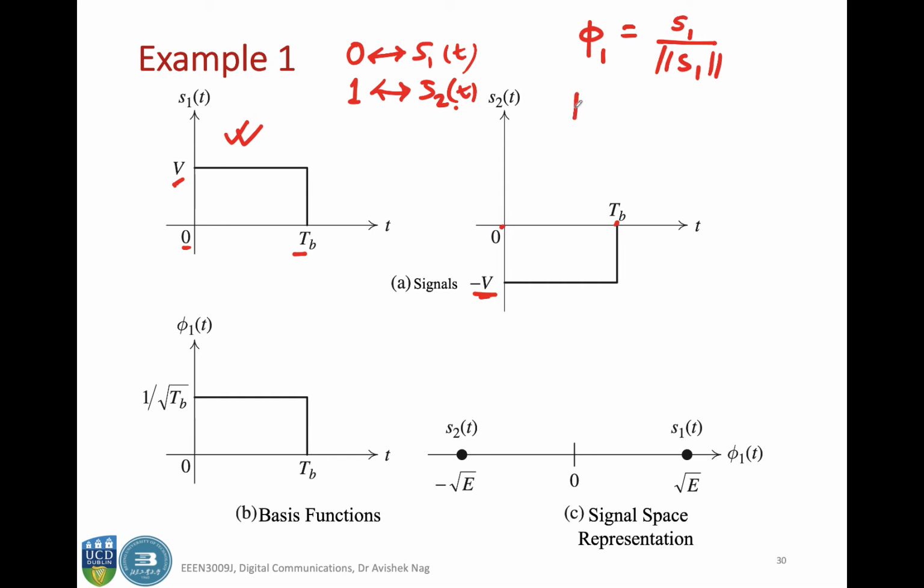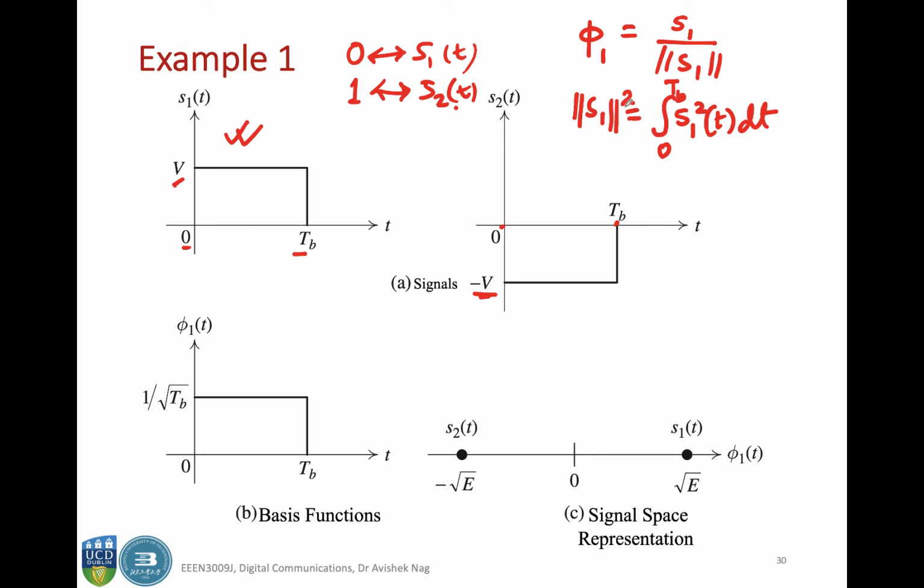To calculate it, you have to find the energy of S1. The norm of S1 squared is the energy of this signal, the integral of S1 squared t dt from 0 to TB.